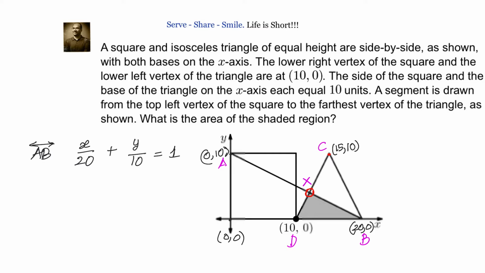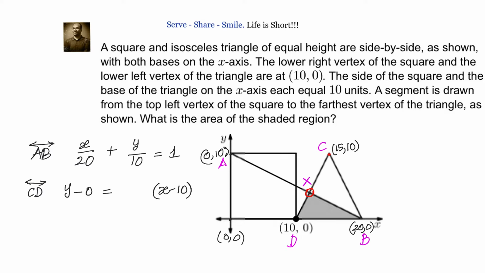Now let's find the equation for CD. We again have 2 points there. The points are (10, 0) and (15, 10). We can use the two-point form. We will say y minus y1, that is y minus 0, equals slope into x minus x1, that is x minus 10.